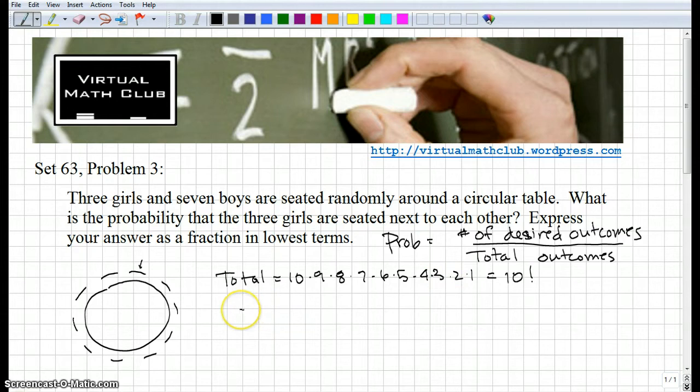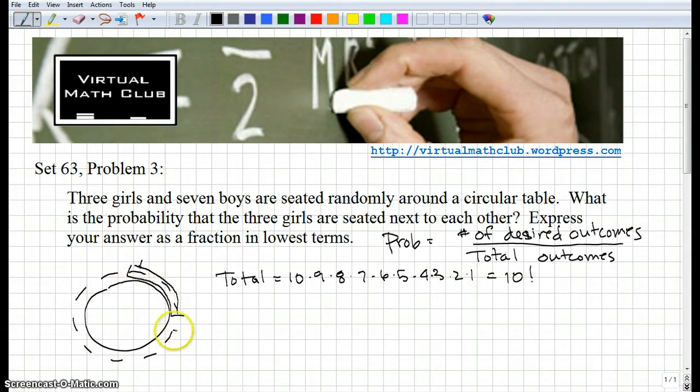Now, the desired outcomes. We want the 3 girls to be sitting together. So let's just treat them like a block, a block of 3 girls. One possibility is that we could put the 3 girls here, in these 3 chairs. We put the first girl in this chair, and then we put the other two to her left. There are basically 10 ways that we could move that block around the table, because we're just moving the starting position and then putting the other 2 girls to her left.